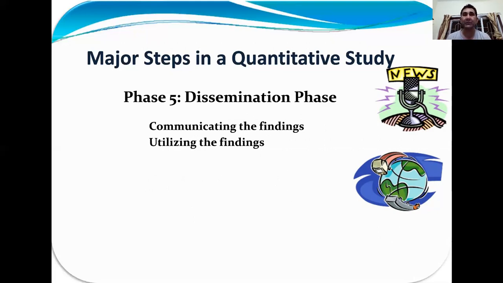Definitely after conducting the research project or study, you have to publish your study in a high impact factor journal. You should publish it in high impact factor journals, like Nature, Lancet, BMC or BMJ, which are among the highest impact factor journals.